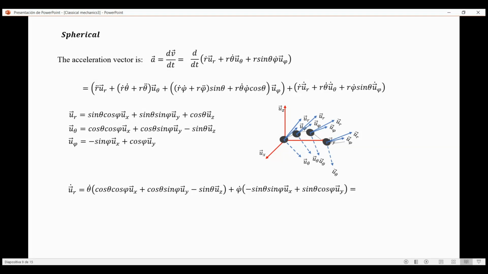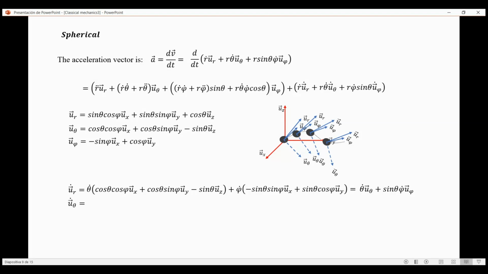Just simply the chain rule. And now we substitute what is in brackets. This thing here is u sub theta, and this thing here, if we take out sine of theta from both terms, would be sine of theta phi dot that multiplies minus sine of phi ux plus cosine of phi uy, and this is simply u phi.